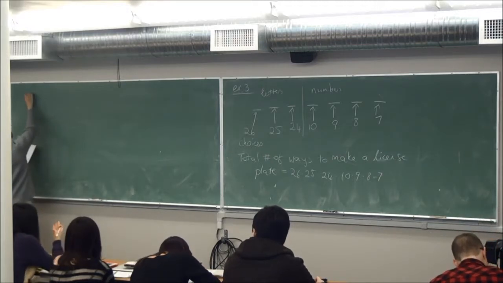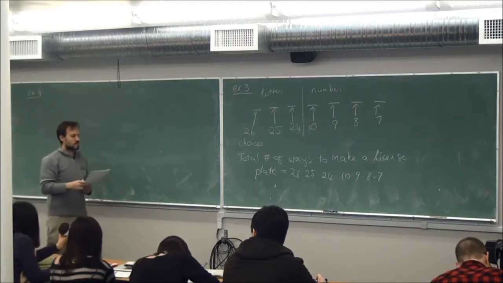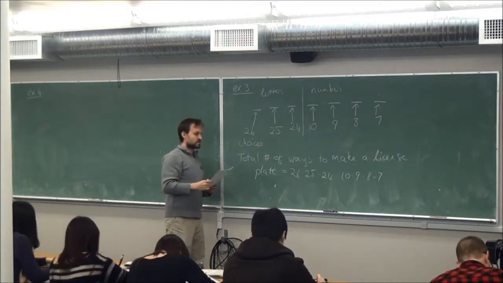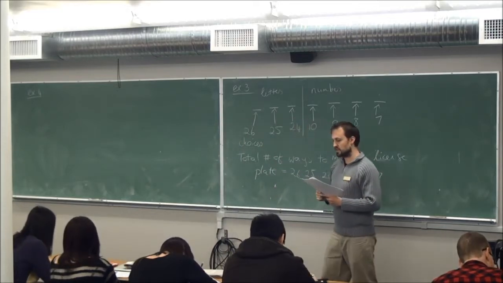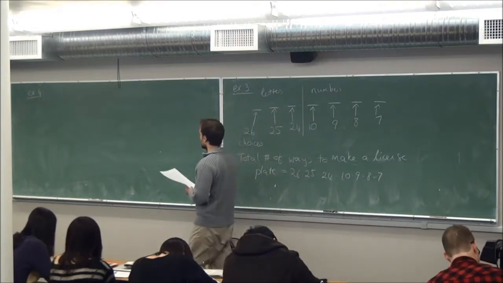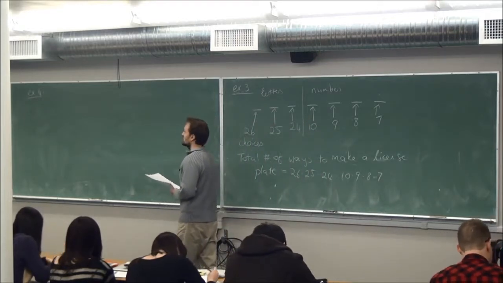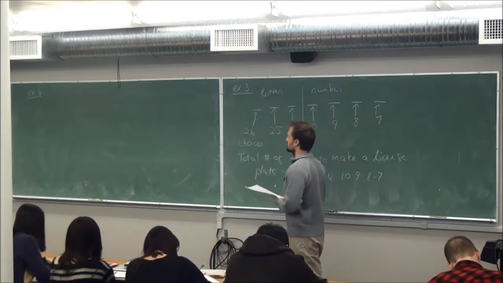Let's look at number 4. 12 teachers are to be assigned to 3 schools. How many assignments are possible if there are no other restrictions? Any teacher can go to any school. Any school can receive any number of teachers.